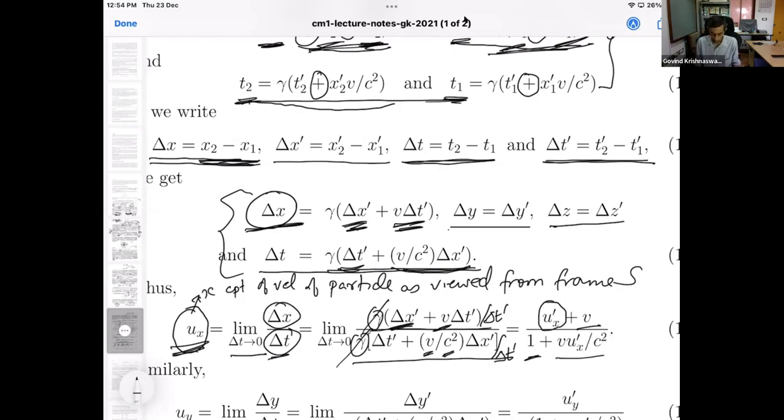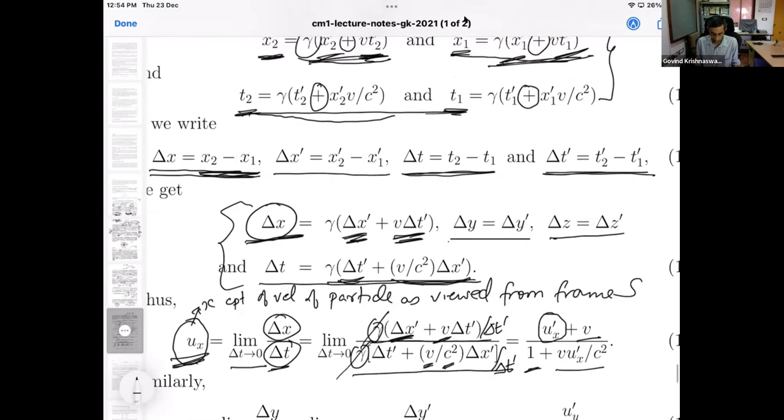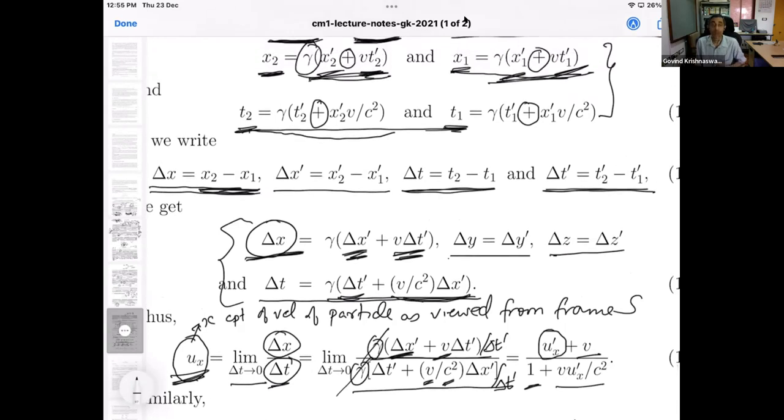Okay. So this has the first of Einstein's velocity addition formulae. Ux is not just ux prime plus v. That is true only in some non-relativistic approximation. There is a correction factor which in the denominator looks like 1 plus v ux prime upon c squared.